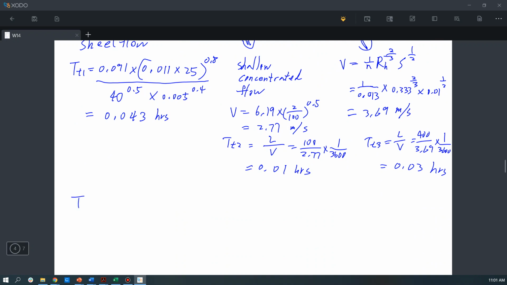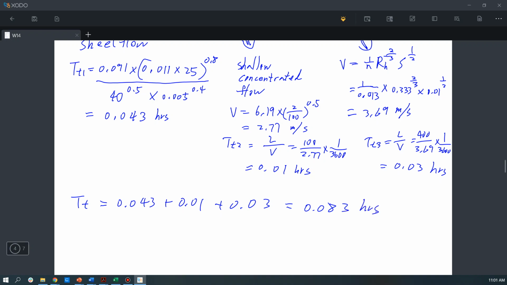So the total time is 0.043 plus 0.01 plus 0.03, which is 0.083 hours.